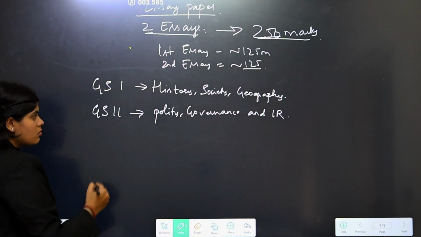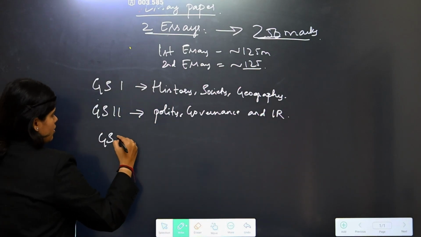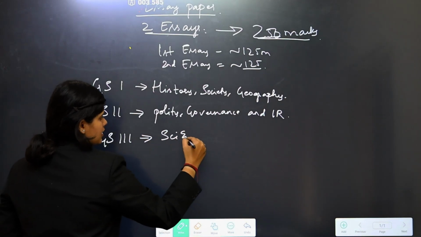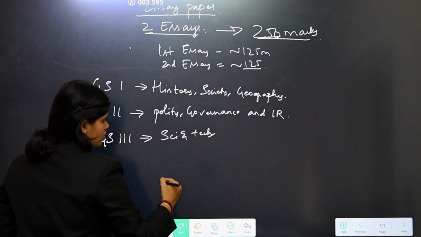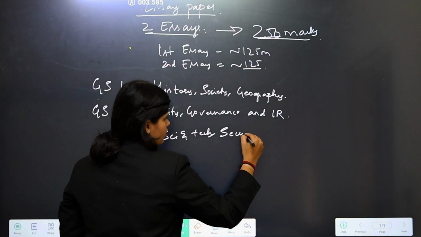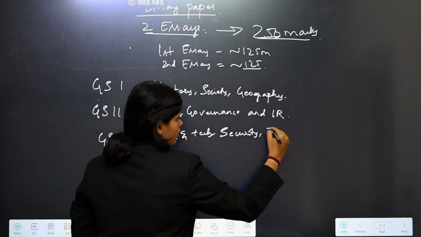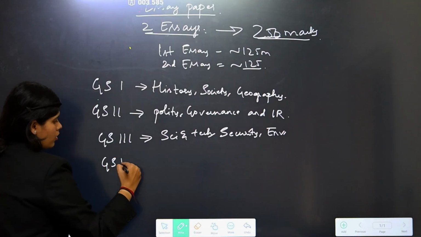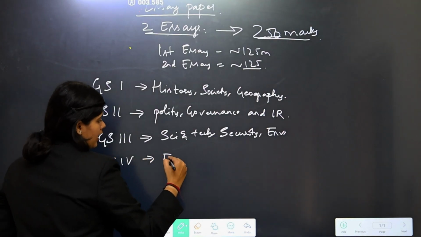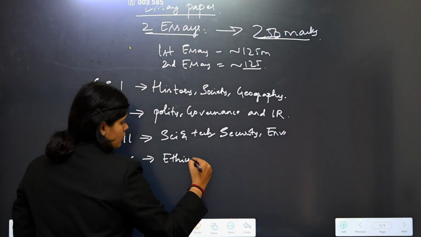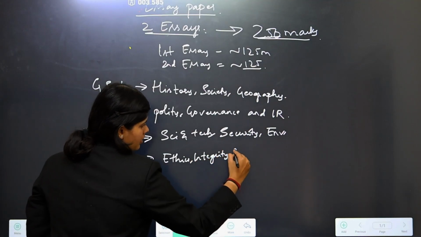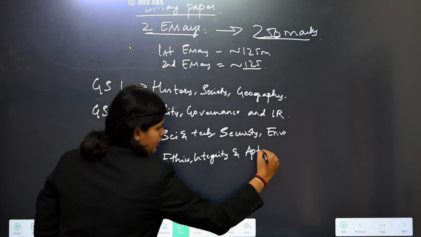GS 3, Science and Tech, Security, Environment. GS 4, Ethics, Integrity and Aptitude.